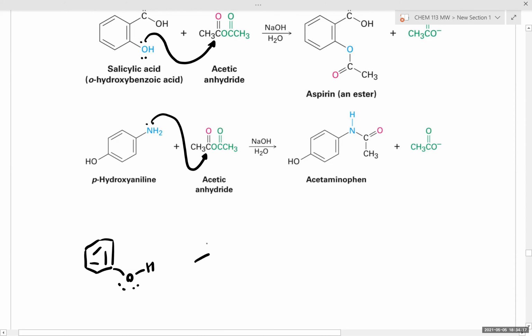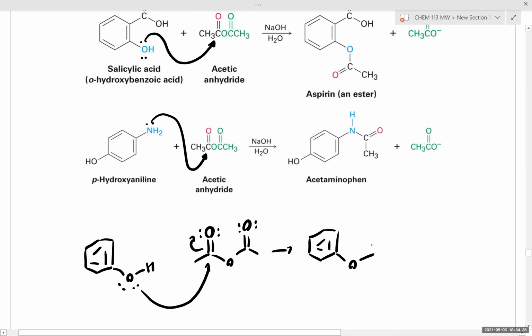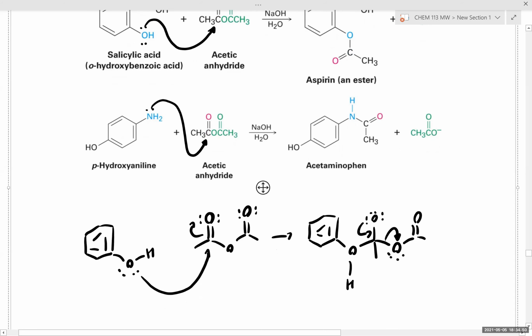So in the first case, if you have an alcohol and your anhydride, your alcohol attacks the anhydride carbonyl carbon, and we get a tetrahedral intermediate. From here, we'll kick out our leaving group, which is the wonderful acetate ion.